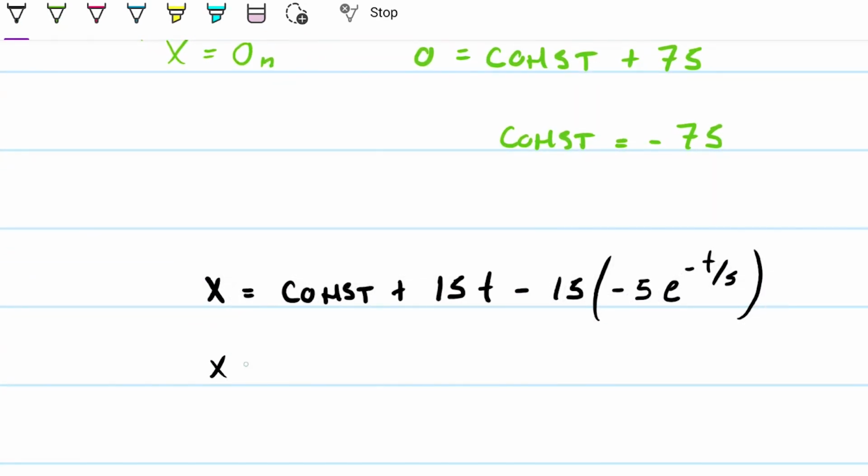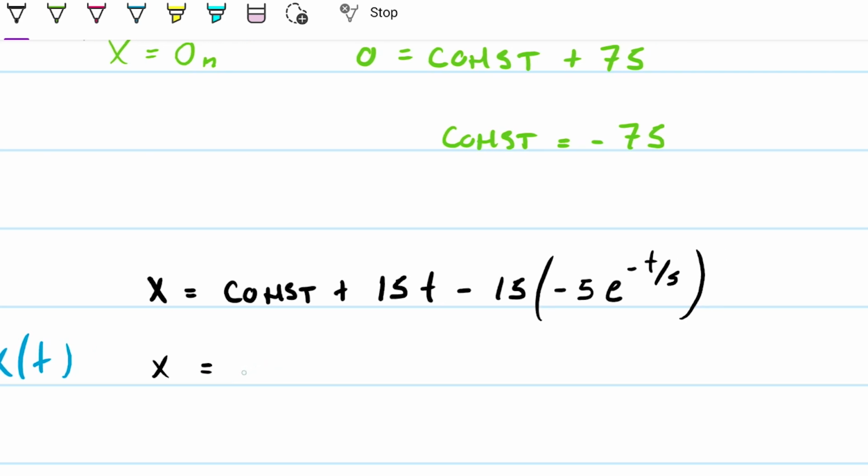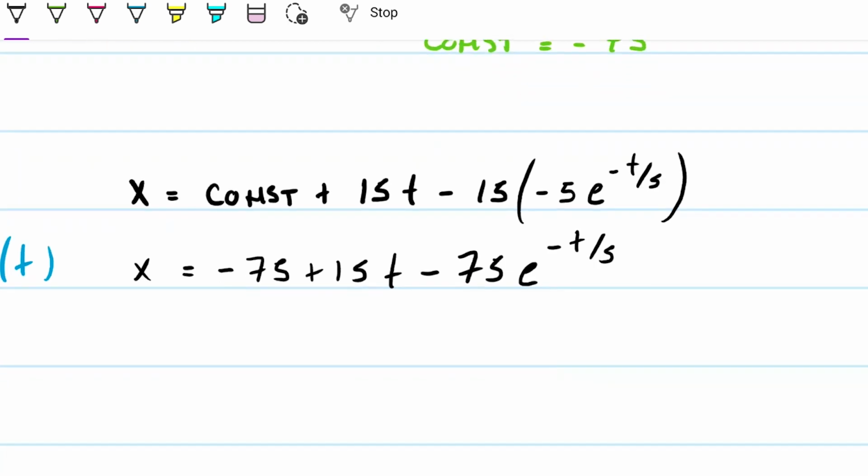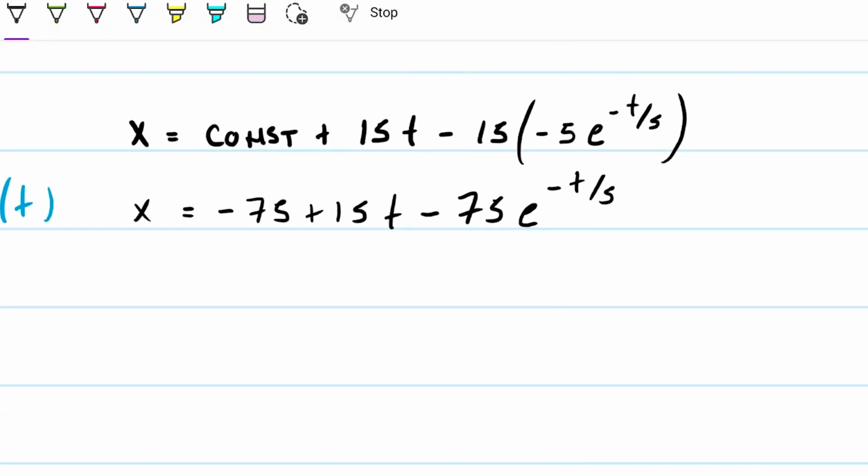So this means that the way that my position varies with time equals minus 75 plus 15t minus 75 e to the minus t over 5. This is how the position varies with time. And we have a bunch of big numbers there, so we can take the 15 out if we want.